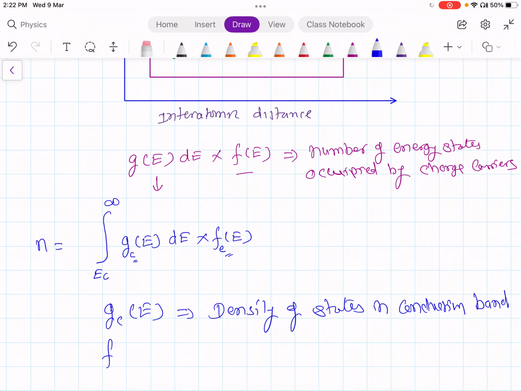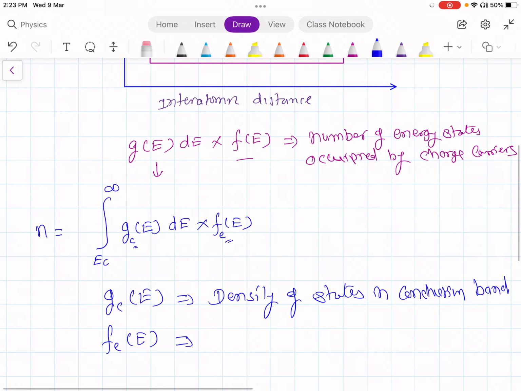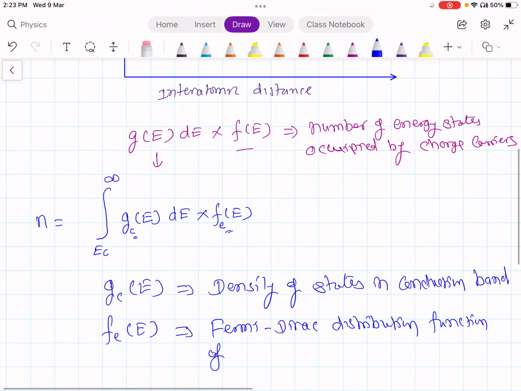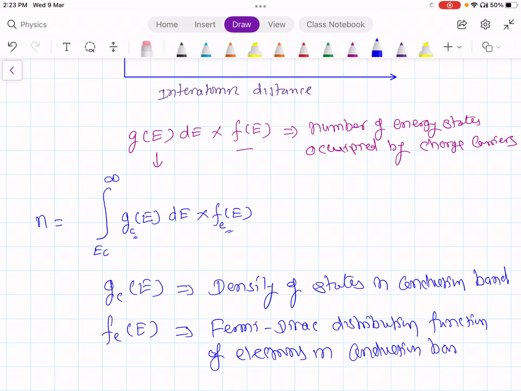And this Fe of E is the Fermi-Dirac distribution function of electrons in the conduction band. Or you can simply say the Fermi function of electrons in the conduction band.